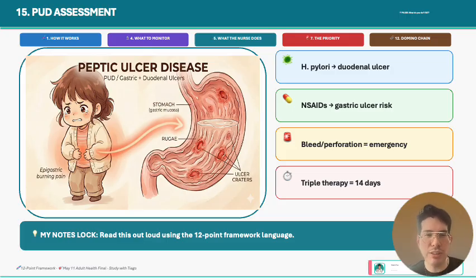So I'm watching for severe, sudden abdominal pain, rigid abdomen, fever, tachycardia, hypotension, and worsening condition. Think of an ulcer like a pothole in the lining. The deeper it gets, the closer it gets to blood vessels and the outside wall.